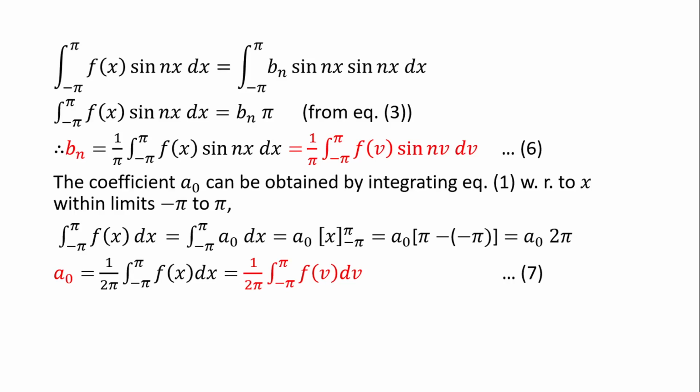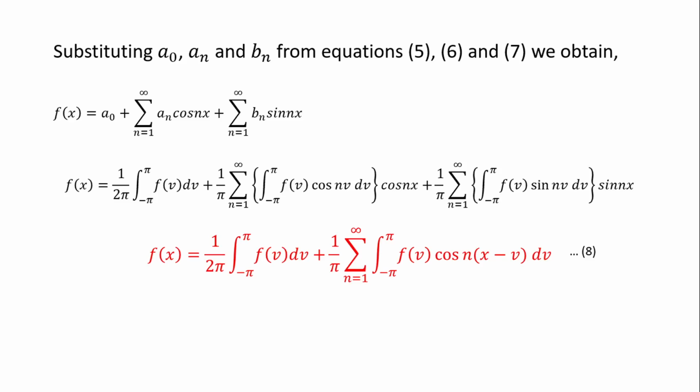Now after putting the values of a0, an and bn from equations 5, 6 and 7 in equation 1, that is f(x) equal to a0 plus summation n equal to 1 to infinity an cos nx plus summation n equal to 1 to infinity bn sin nx, we find: here we have replaced a0, an and bn with their corresponding values.